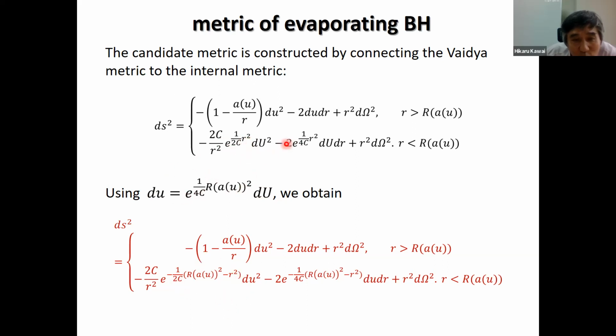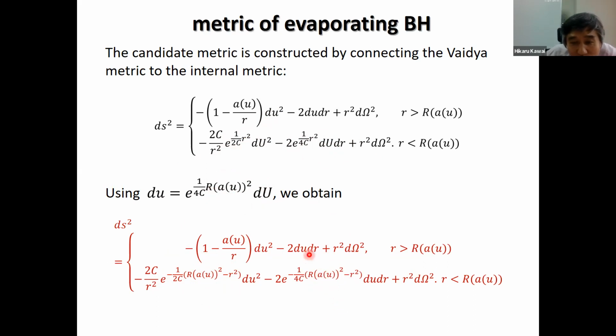So we change our variable by this expression, and then this part is replaced by this. So dU is replaced by du multiplied by exponential minus of this. So this part becomes exponential minus 1 over 2c, capital R squared minus r squared. Again, from the conversion factor, this r squared is replaced by capital R squared minus r squared.